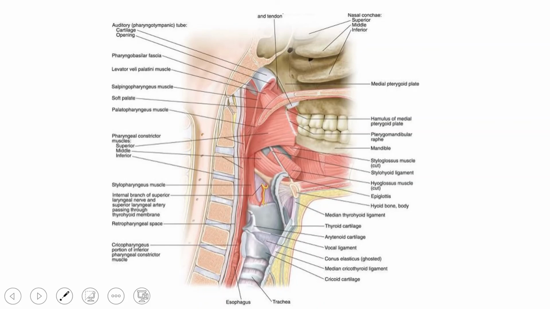This picture shows a deeper dissection of the pharynx, the lateral view, where we can make out the three constrictor muscles of the pharynx: the superior constrictor, the middle constrictor and the inferior constrictor.